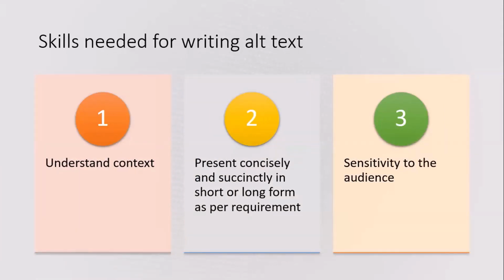And you have to write very concisely. You can't write long text which is not meaningful. Within a few words you need to convey what is there in the image without writing anything unnecessary. And also you need to be sensitive to the audience, because it is for people with disabilities.